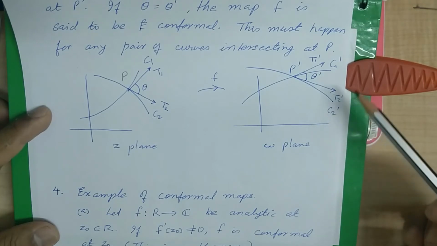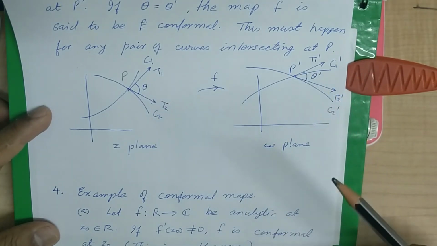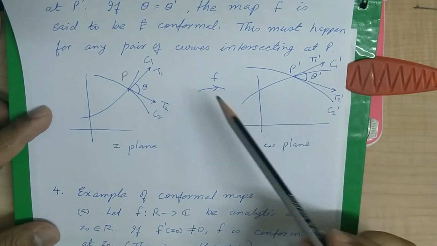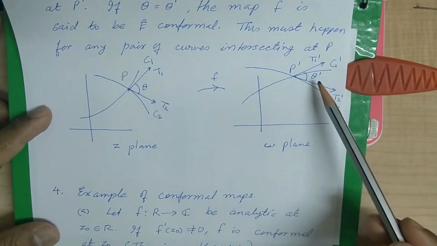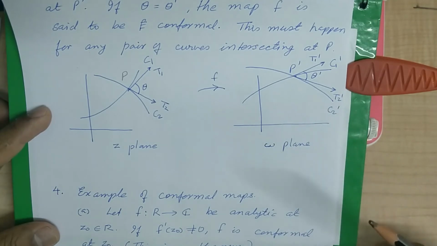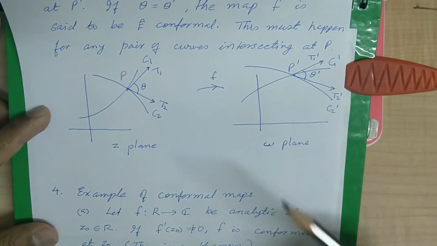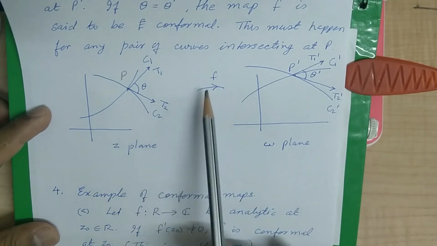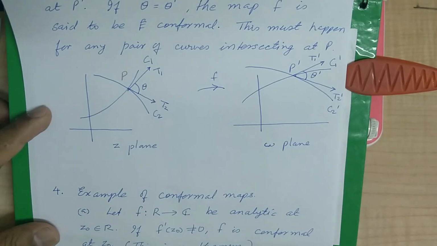Now it is not necessary that these two angles must be same, but if f is an analytic map, then these two angles will be same, provided an additional condition is also satisfied. So what is that additional condition? That additional condition is that the derivative of f at this particular point should not be equal to 0.